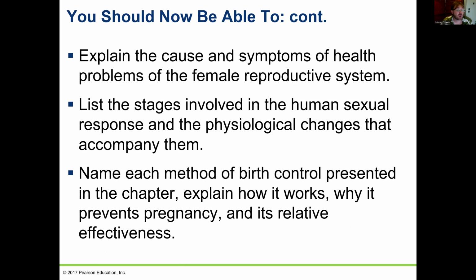You should be able to explain the cause and symptoms of health problems of the female reproductive system. You should be able to list the stages involved in the human sexual response and the physiological changes that accompany them. You should be able to name each method of birth control present in the chapter, explain how it works and why it prevents pregnancy and its relative effectiveness. In general, when I am making the final, I'm going to be pulling primarily from our PowerPoints. So that's going to be our main focus.